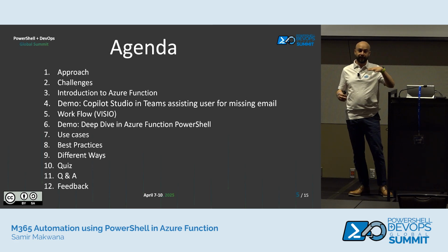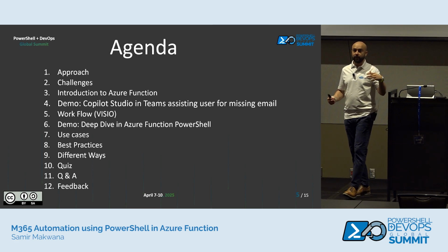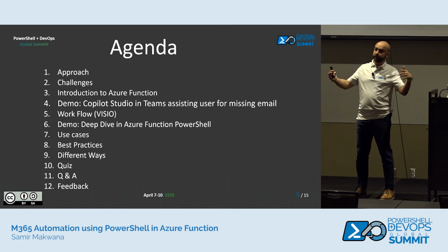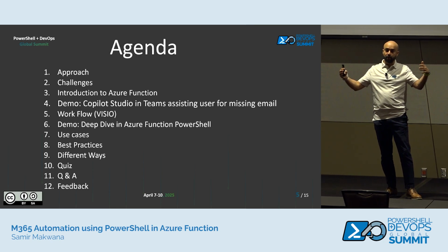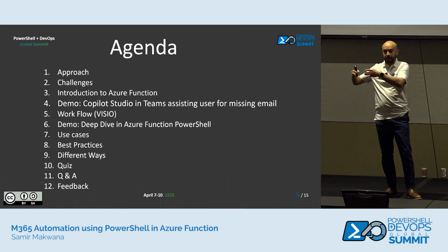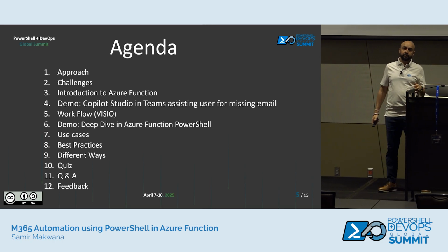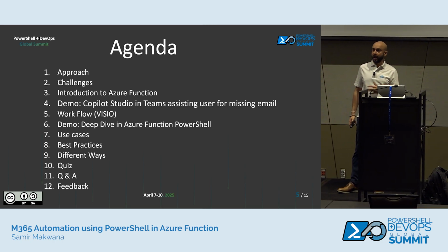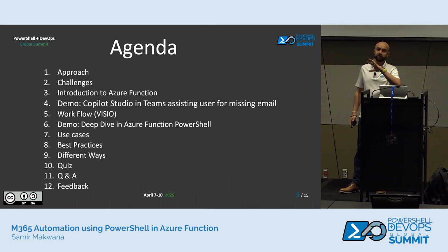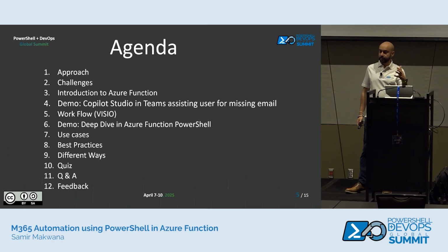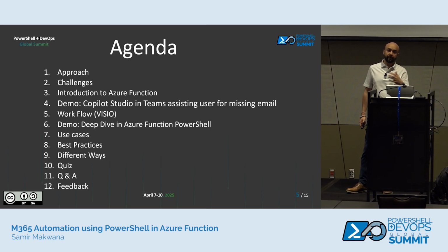I said I'll start with something shallow, where I show you the whole product, the end-to-end automation demo, and then deep dive into one specific piece of that automation, which is running PowerShell on Azure Functions. Then I'll show you some Visio, the workflow, how I see the integration between those products, and so on. Then we'll deep dive into Azure Functions.